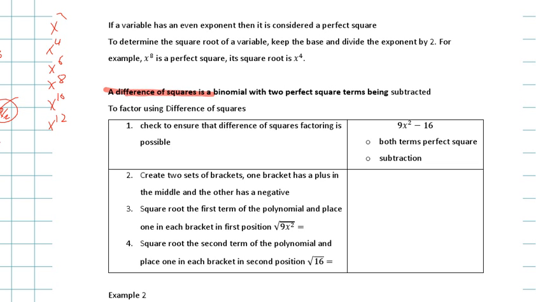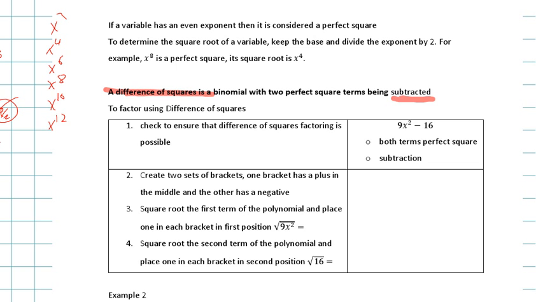Binomial means 2 terms with 2 perfect square terms being subtracted. So the first check, you have to check if they're square terms. The second check, you have to check that there is a minus in between them. If not, you can't do the following factor. Remember, I'm still factoring. I'm going to get to it. Okay.